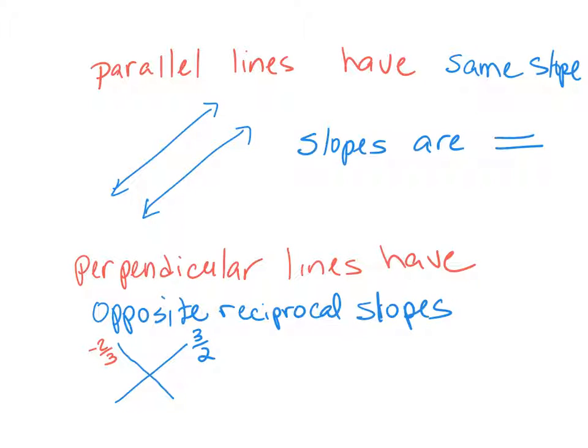So when I have perpendicular lines, they have opposite reciprocal slopes. If one of them is the opposite reciprocal of the other, then you know those two lines are perpendicular, okay? If two lines have the same slope, you know they're parallel.